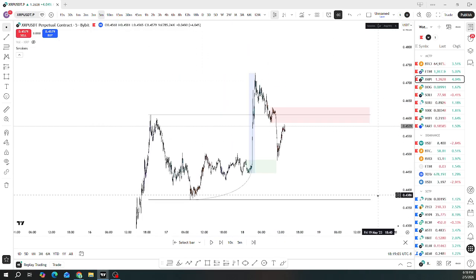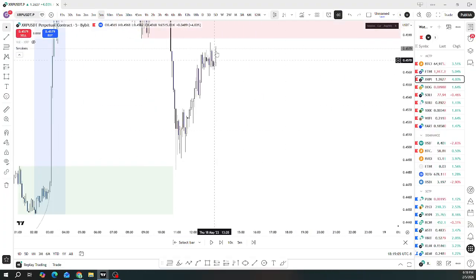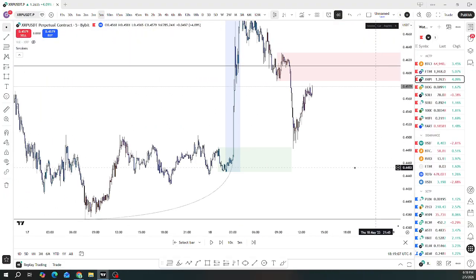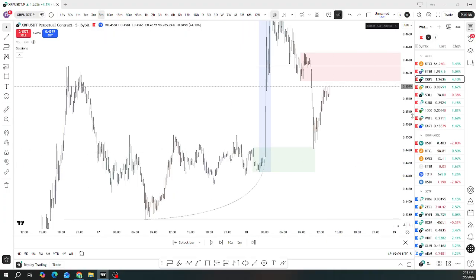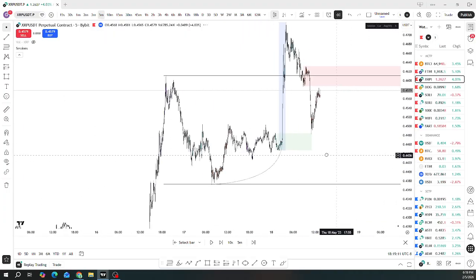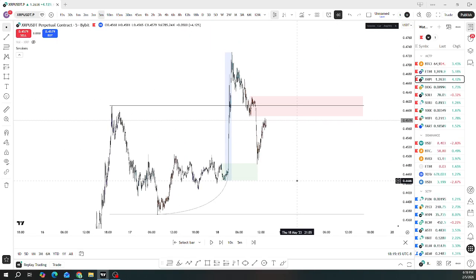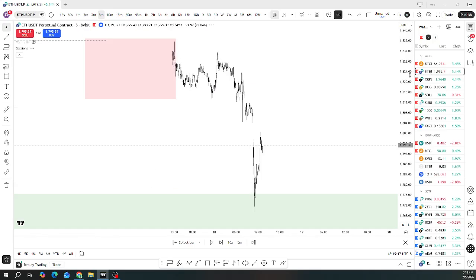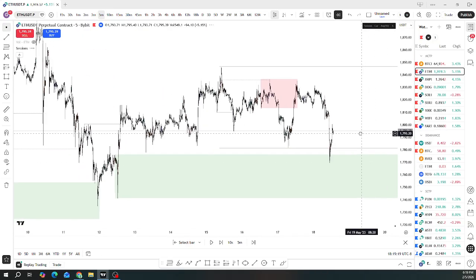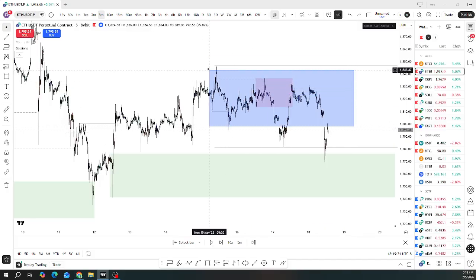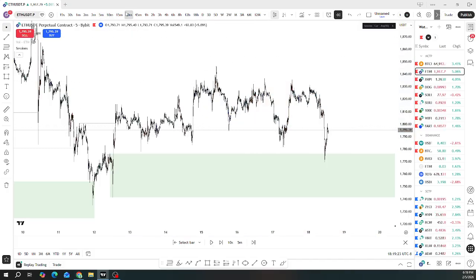Yeah, some consolidation could be nice, but at the same time, you're coming up leaving nothing but sell side liquidity there. What is going on here?